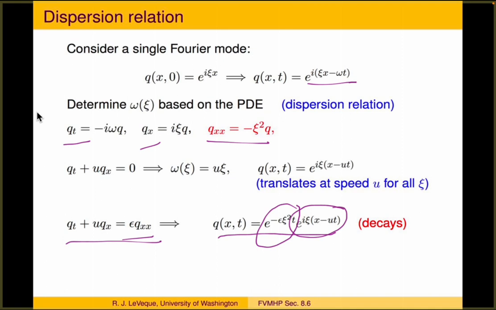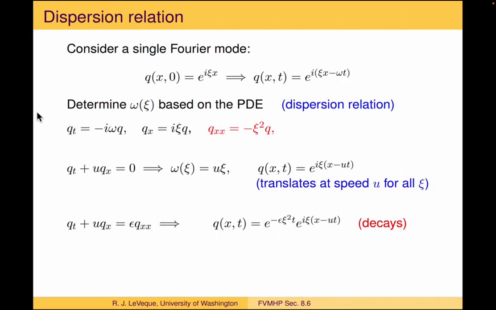So this shows us that the exact solution of this advection diffusion equation looks like a translating wave, just like in advection, but it also decays, and it decays at a rate that depends on the wave number. A highly oscillatory wave decays much more quickly than a wave with smaller wave number and longer wavelength, which would decay much more slowly. So that's how the solution of the advection diffusion equation behaves.